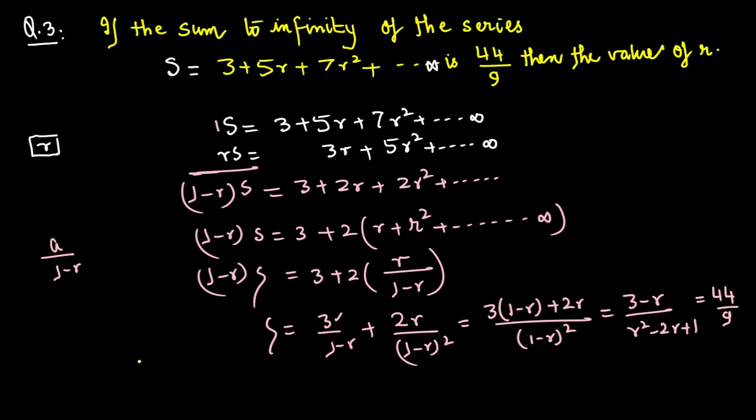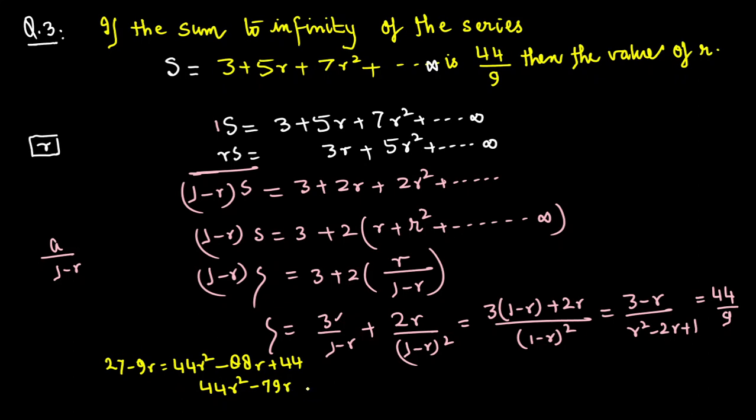so it becomes 27 minus 9r. This becomes 44r square minus 88r plus 44. 44r square, minus 9r will come here, it becomes plus 9r, so minus 79r.